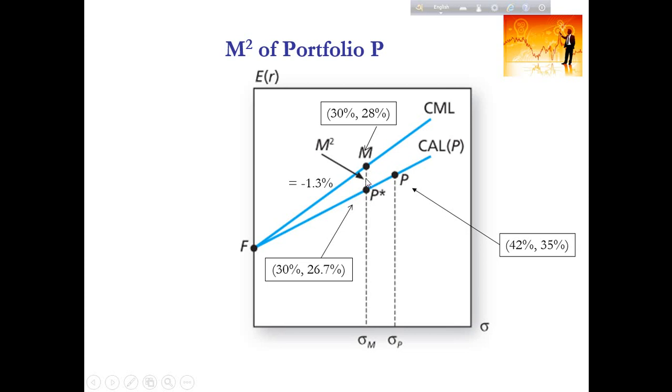If our portfolio overperformed the market, this point might have been up somewhere here, and then when we combine it with the risk-free rate, we end up with a value that is above the market, and after controlling for risk, we would have found that our asset had outperformed the market.